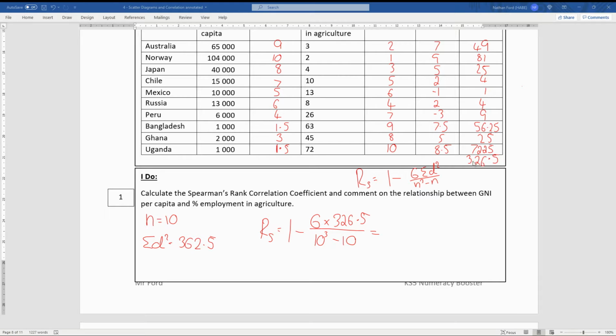And I had an arithmetic mistake, but I fixed it because I got a value that was outside my range, but 326.5. So when I type this in, I get negative 0.9787. Ooh.